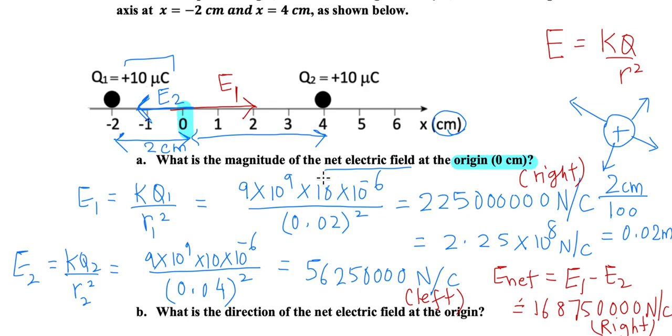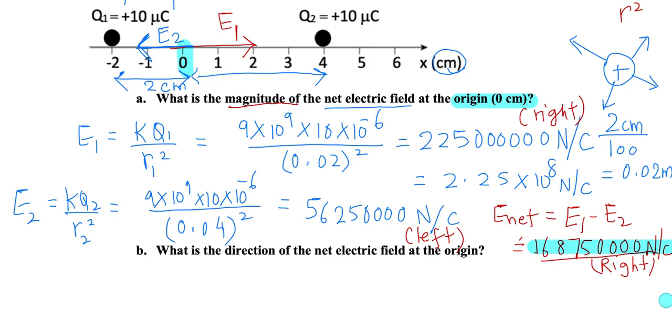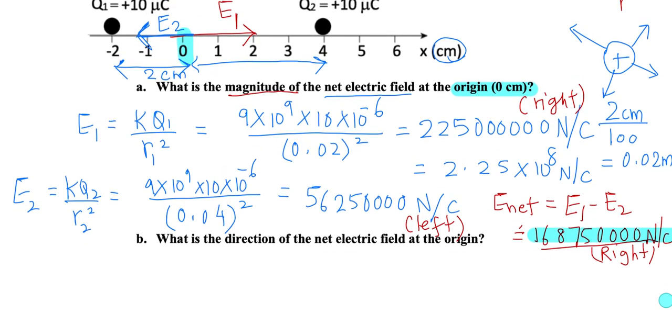Here it's just asking for magnitude, so you can stop with the number here. That's our answer with the unit. Let me just highlight it. In the second part it's asking what's the direction. There we can write that it's pointing to the right. The net electric field is towards the right.